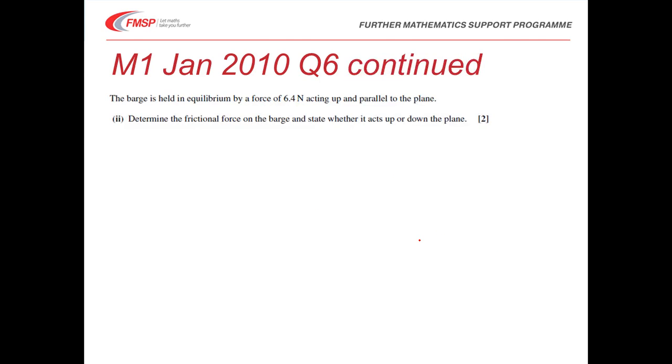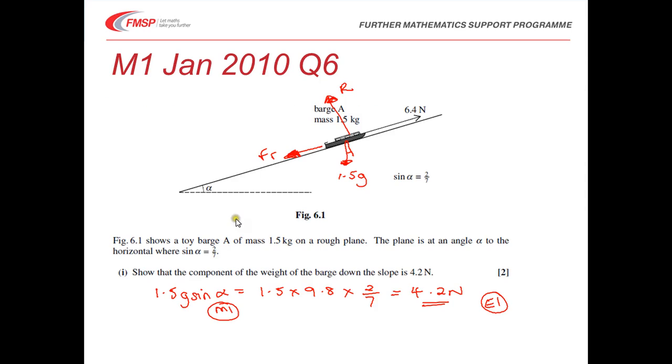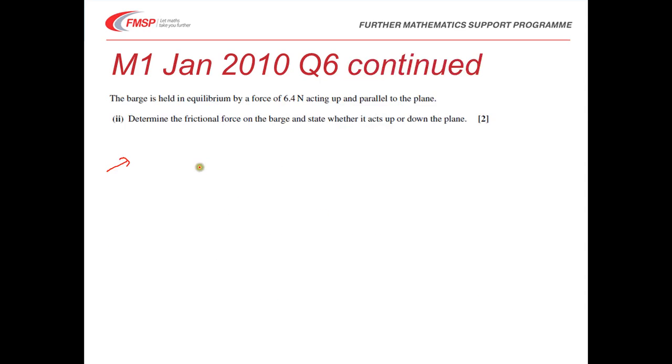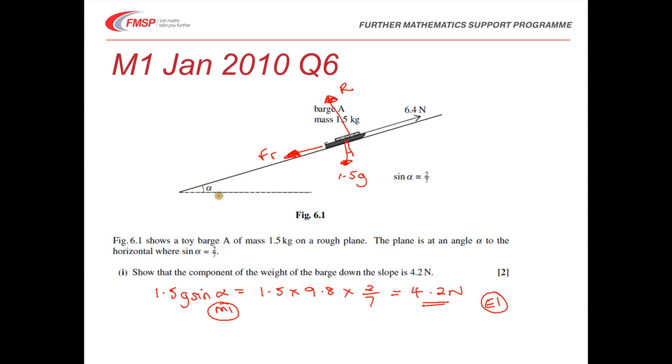So if I resolve up the plane, parallel to the plane, we will have 6.4 acting up the plane, and then down the plane we'll have the friction and the component of the weight, which we've just worked out is 4.2.